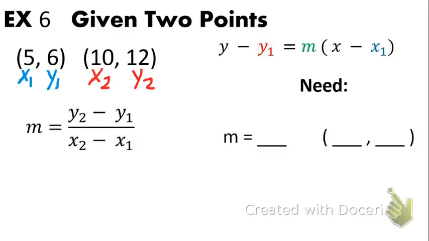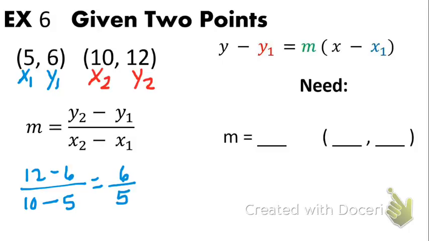So we replace that into the formula. We will get 12 minus 6 over 10 minus 5. 12 minus 6 is 6, and 10 minus 5 is 5. So our slope is 6 over 5.